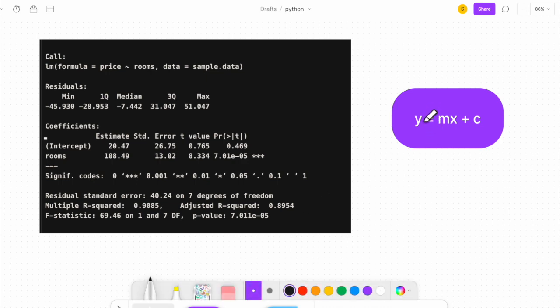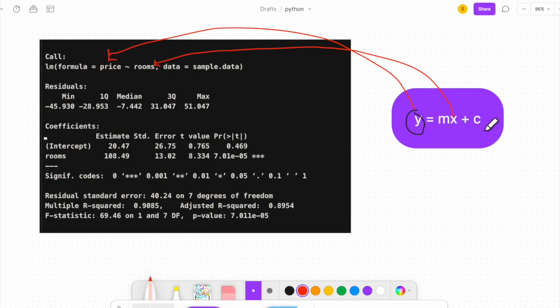So in our case, we are trying to predict price here. So y will represent the price. Sorry, I may have to use a different color. So y here represents the price, and x here represents the variable which is going to influence our price, which in our case is rooms.